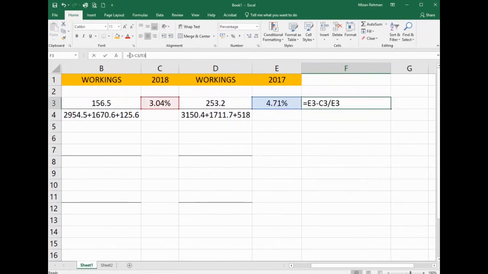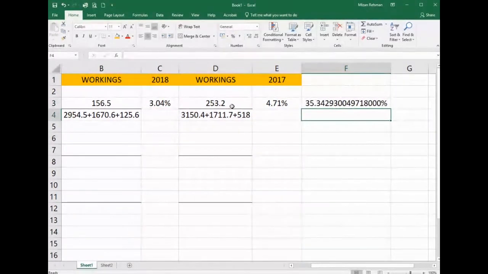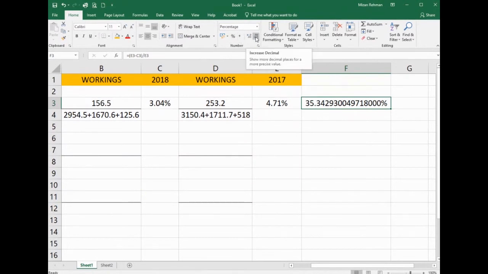The reason is that we didn't use brackets. So let's put brackets there, and we have a slightly less crazy number. If we reduce the decimal places, it will look less crazy. This shows that the ROCE has decreased by 35% over the year, which is quite a significant drop.